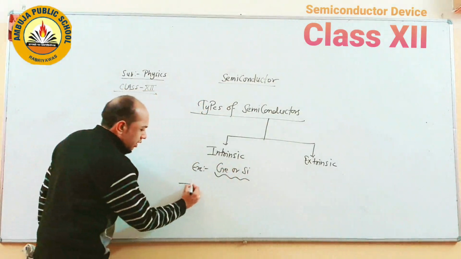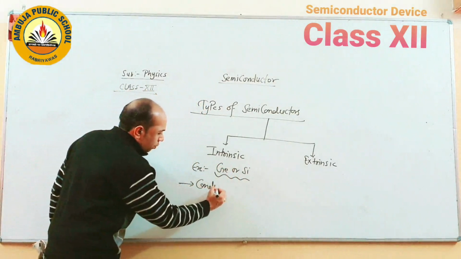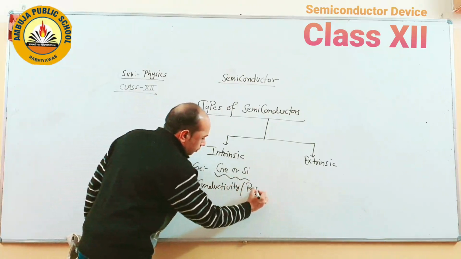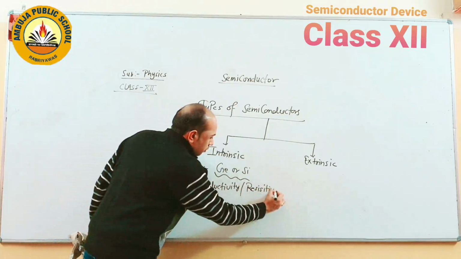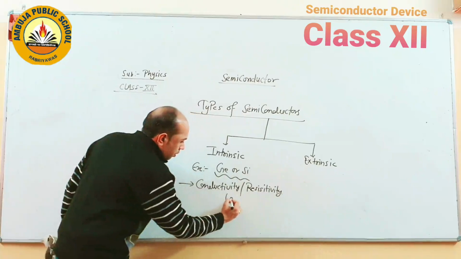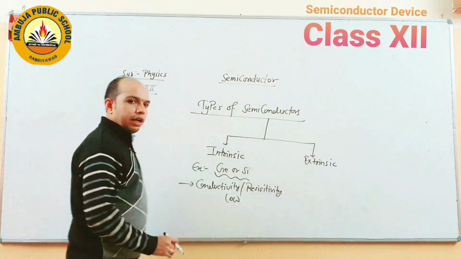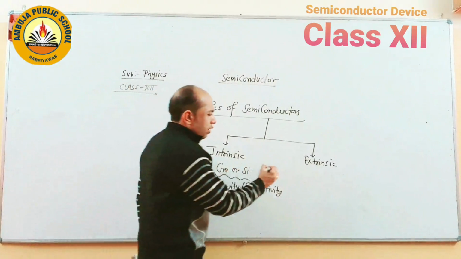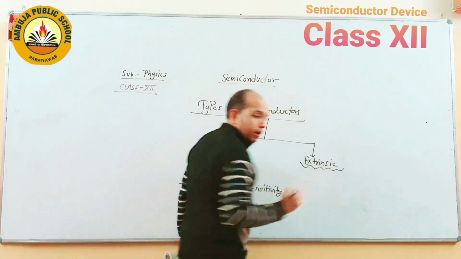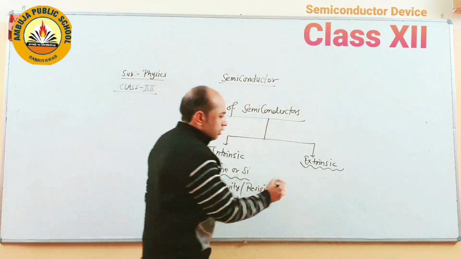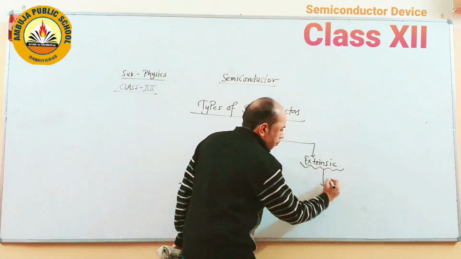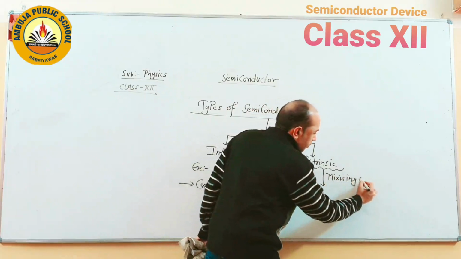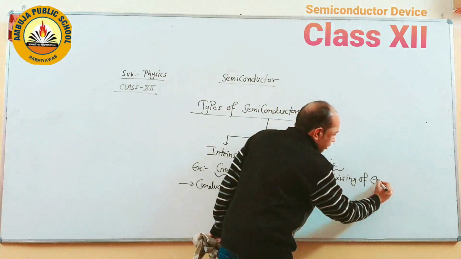So its conductivity is low and its resistivity is high, so it cannot be utilized for constructive purposes. That is why we have to make extrinsic semiconductors. Extrinsic semiconductor means doping, mixing of elements.